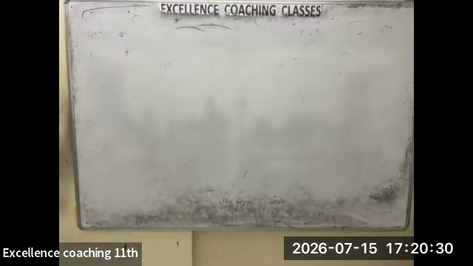I'm not solving it on the board. By now you all know how to solve A cross B. How you find A cross B?